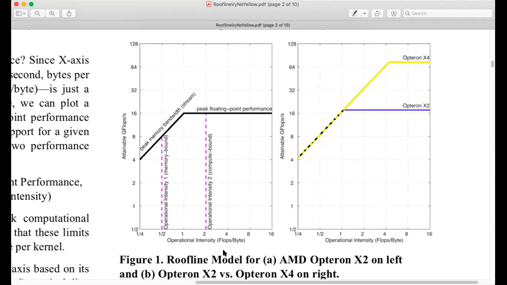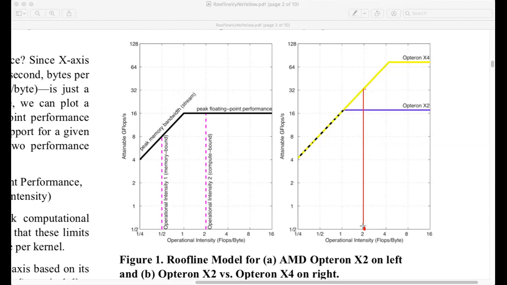So now if you take the same application whose operational intensity is 2 and go here, suddenly it becomes a memory bound thing. And that's what we tried to do.